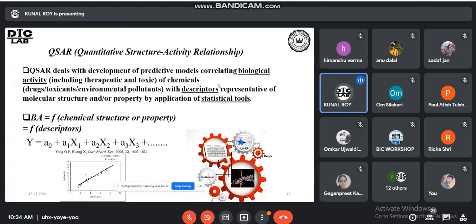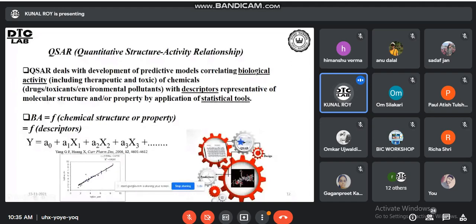So it is also important for us to understand the basic theories of QSAR, because the same similarity principle applies: we relate response activity of chemicals with descriptors representative of molecular structure and or property, and we use different kinds of statistical tools for this. I've already described what the descriptors are. We have already described what the dependent variable is, that is biological activity or toxicity.